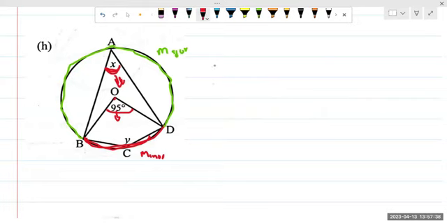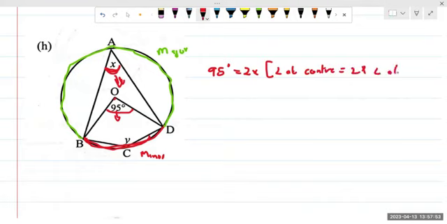Then we can say our 95, which is the angle at center, is going to be equal to 2 times X. And the reason is that the angle at center is equal to 2 times the angle at circumference.